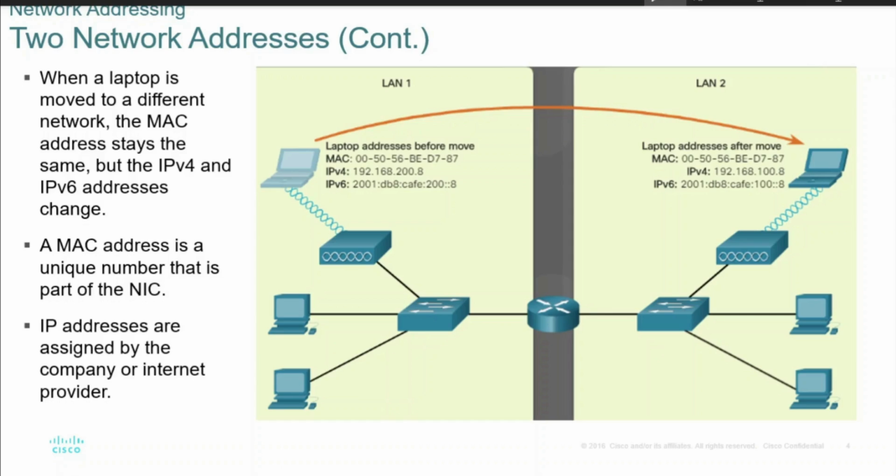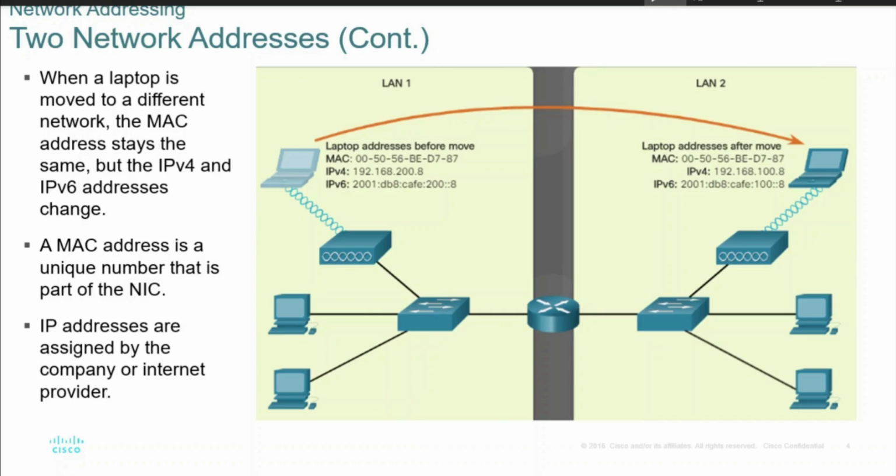So now we talked about two addresses. One is called the MAC address or physical address. The other one is known as the logical address or IP address. Now when you move a computer from one network to another, or in other words, when you move your computer from your home network to your college network, the one thing which won't change is your MAC address.